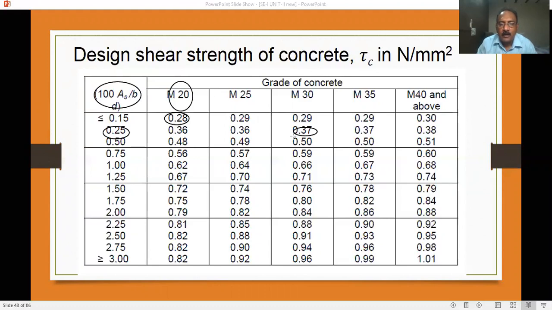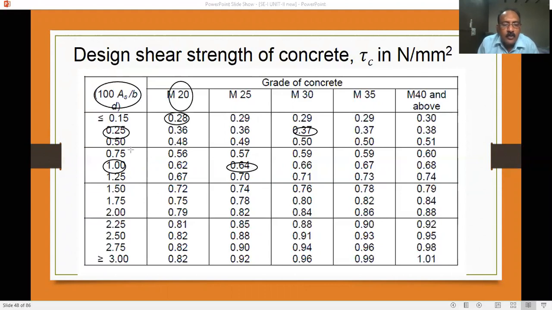This is very important. And if the percentage of steel is 1% and I've used M20 grade concrete, what is tau C? That is the shear strength of concrete, 0.64.